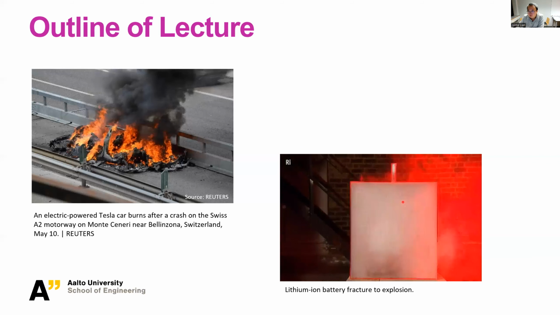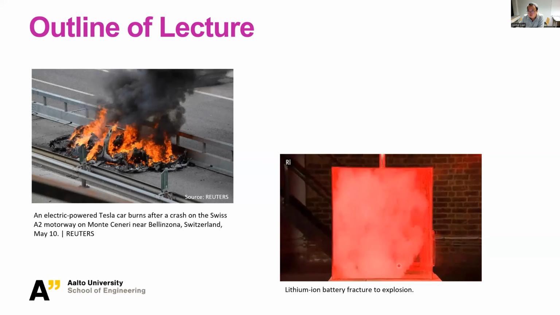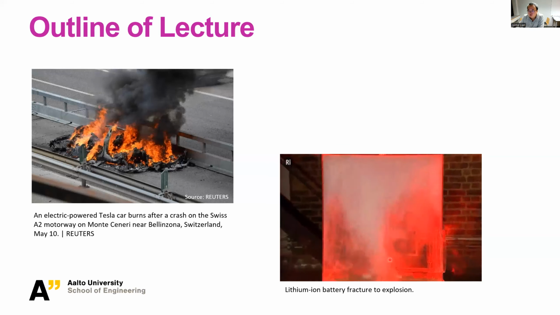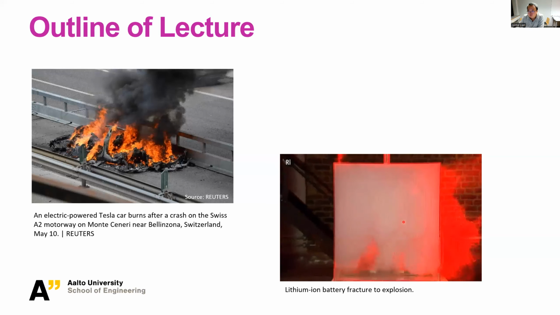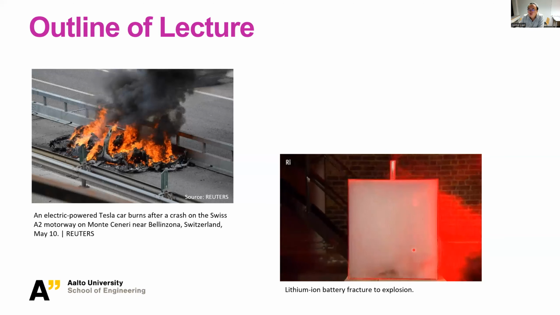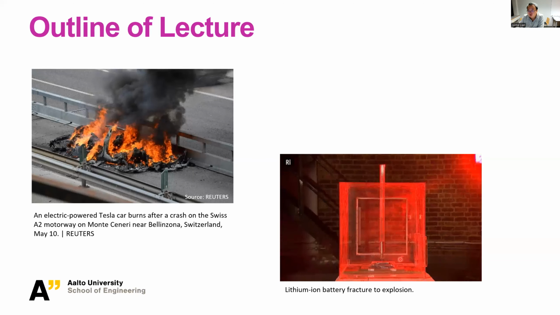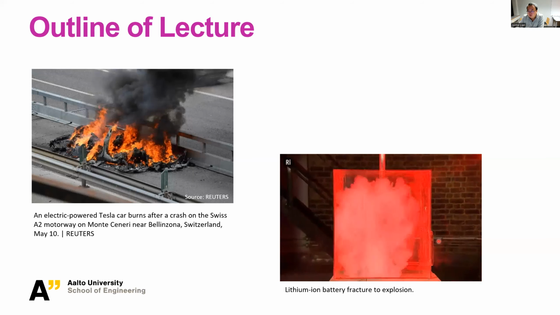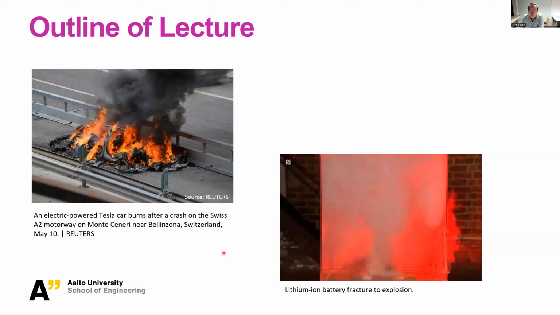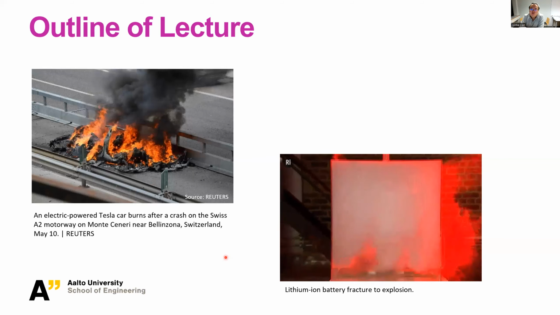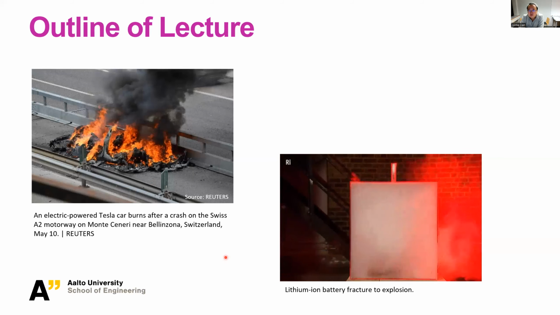And this little impact with this small machine causes really significant damage to the battery, with smoking and also thermal runaway. If it's more severe, you can imagine it will trigger an explosion or big fire like we have seen from this Tesla. So this is a challenge for electric vehicles.